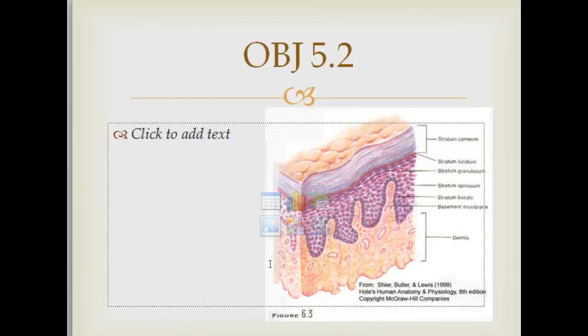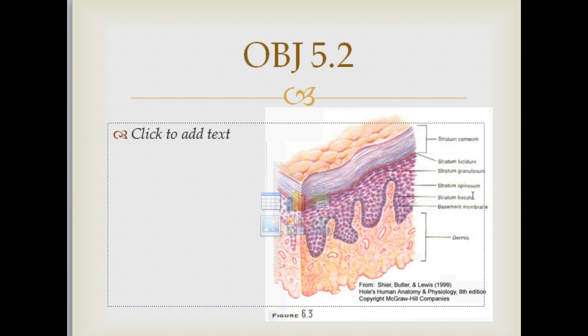Okay, so if we look at this, we can see the stratum corneum at the top. You can see it's very thick, about 20 to 30 layers, extremely thick. Then you see the stratum lucidum, which again is in your fingertips. Stratum granulosum is where we're going to see that cell apoptosis or that cell death.